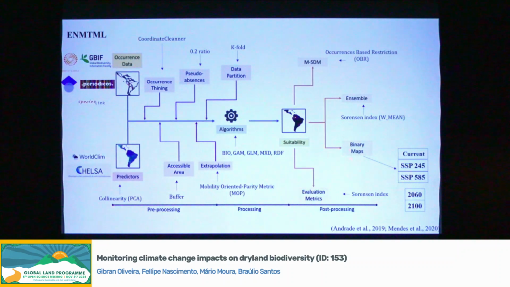So we define the binary maps after it all using five general circulation models from the IPCC, the most pessimistic scenario and the most optimistic one. We are defining at first for the current time and for the mean of the years 2061 to 2100.